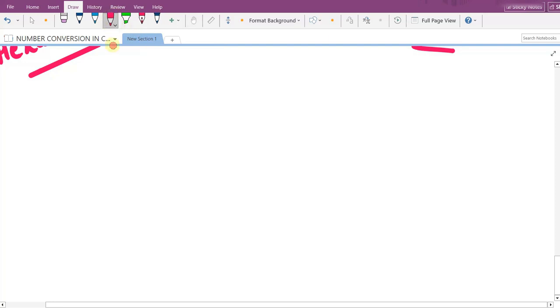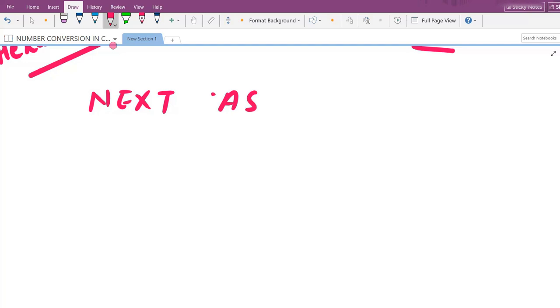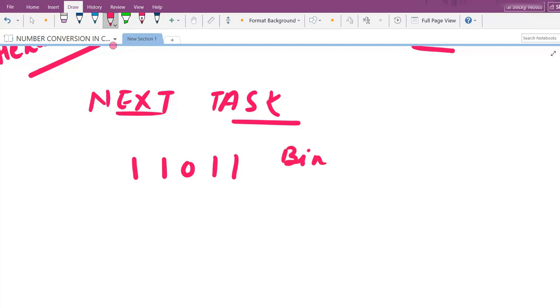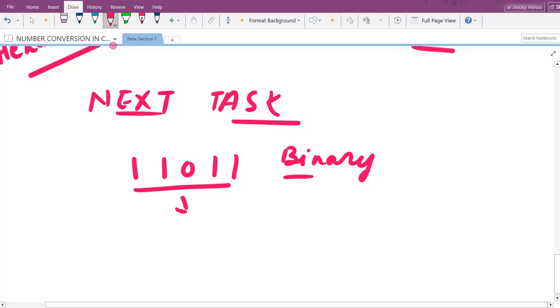The next task is this: if the number is given in binary, for example 1 1 0 1 1, how do I get it back into the decimal form?